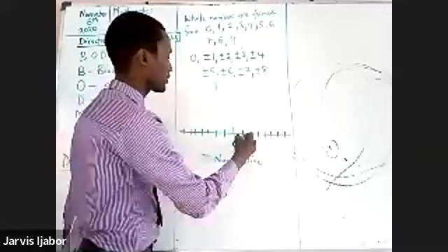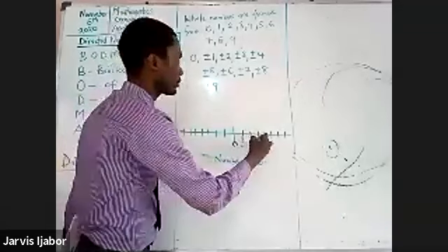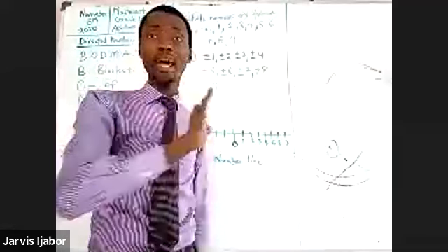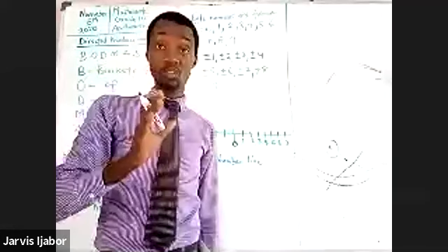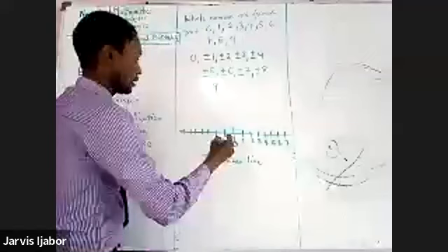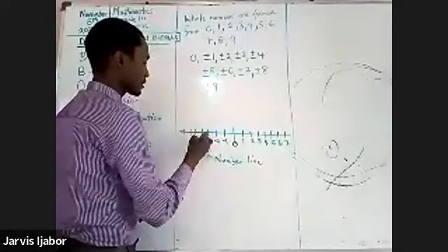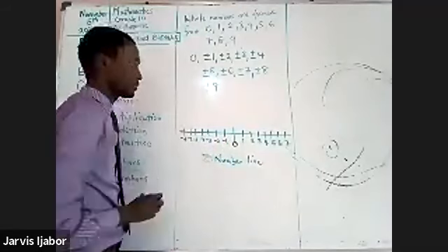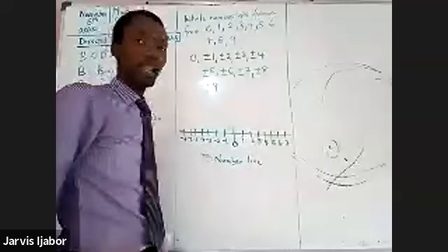So I'm going to have this as 1, 2, 3, 4, 5, 6, 7, working with the mindset that my number line takes into consideration whole numbers. Then negative 1, negative 4, negative 5, negative 6, and negative 7. All right, so this is my number line.